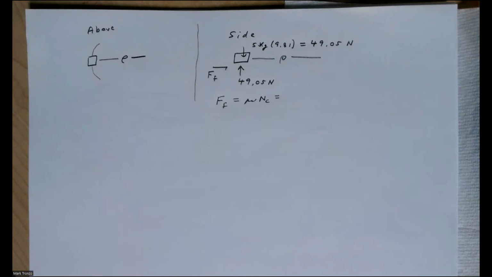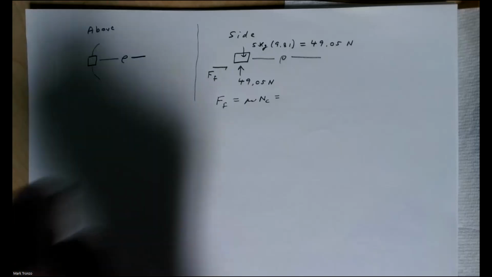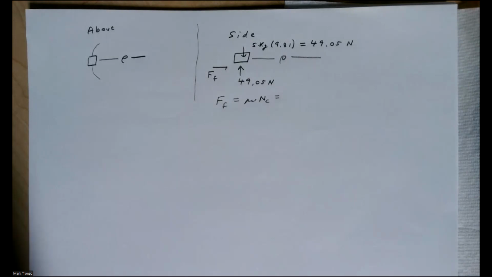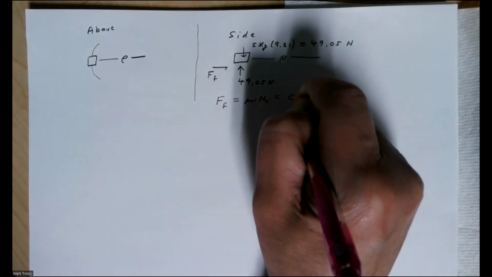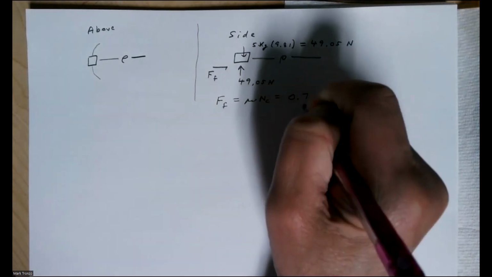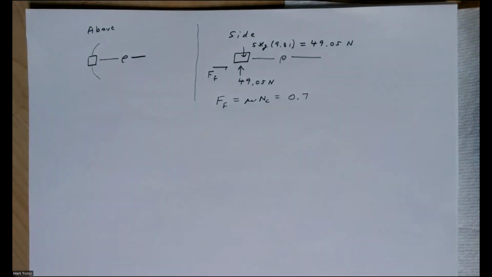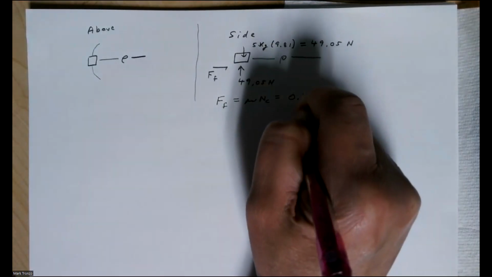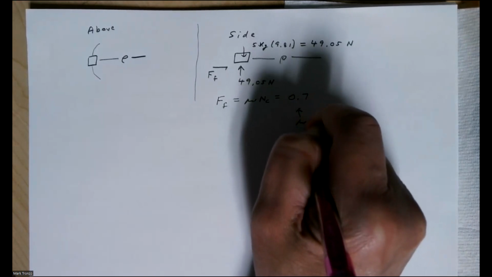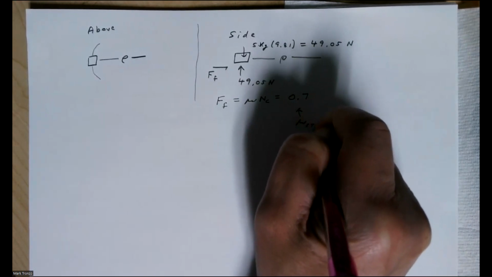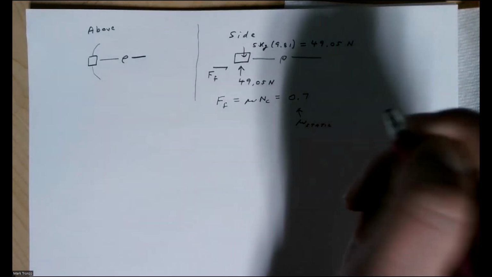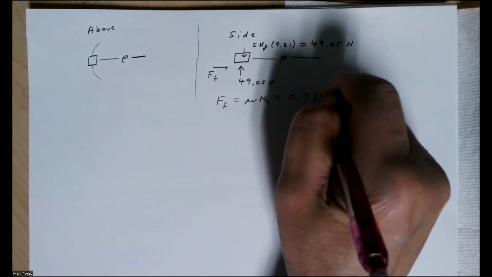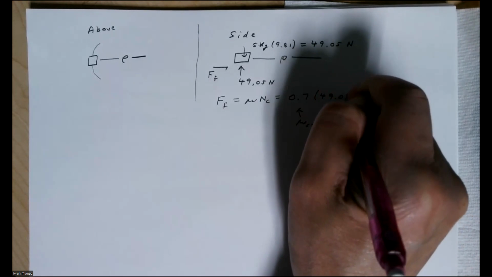In other words, it's not slipping, what I'm trying to say. So really the friction we're interested in is the kinetic friction. So excuse me, the static friction, because it's staying on course, it's not slipping. So we're going to use the static. And then the normal is 49.05.